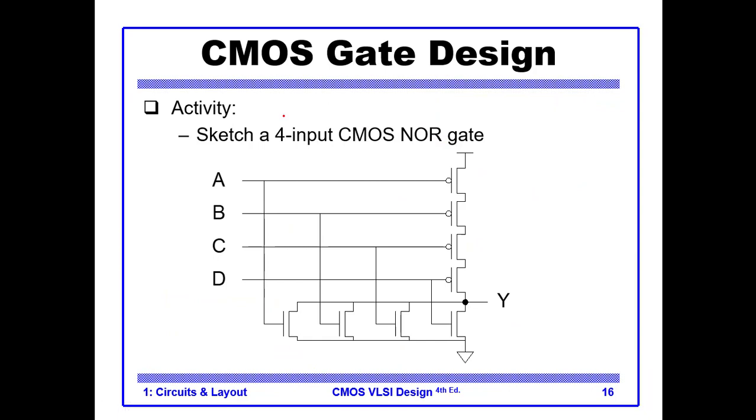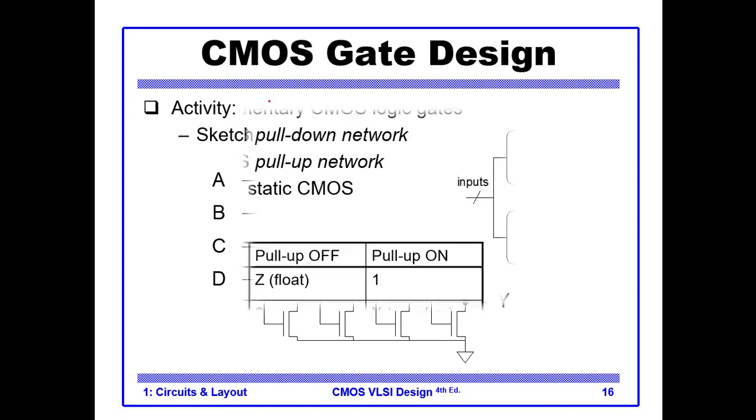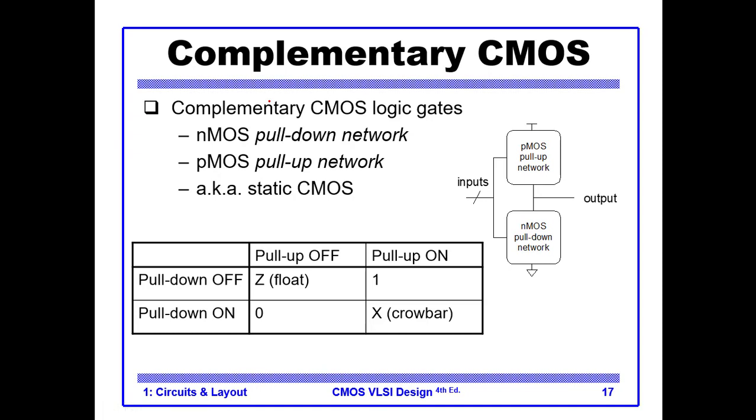The next slide has the 4 input CMOS NOR gate. So this is again the whole story, that we have inputs coming in and it goes both to the pull up network PUN and to the pull down network PDN.